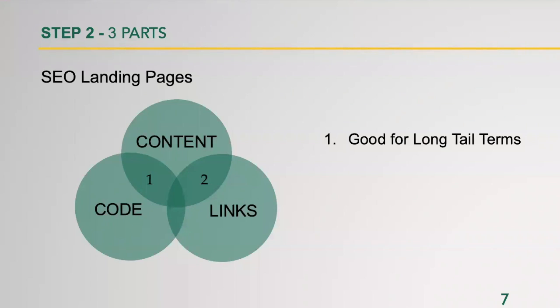But on the flip side, let's talk about what if you had great content and it was being linked. If it's not coded correctly, as we were just discussing before, there's probably a lot of missed opportunities out there. You may be getting traffic from the people that are linking to it, but the search engines are going to have a hard time putting you at the top of organic search unless your code matches what it is that they want.